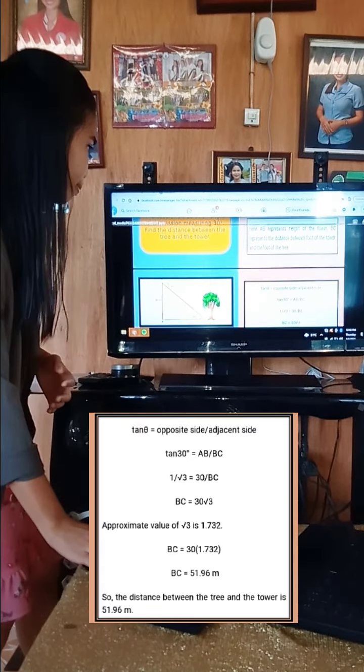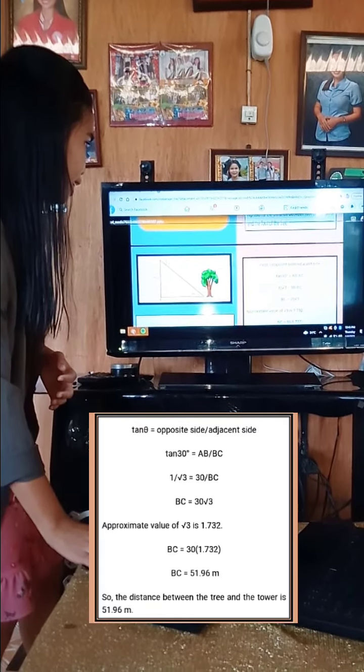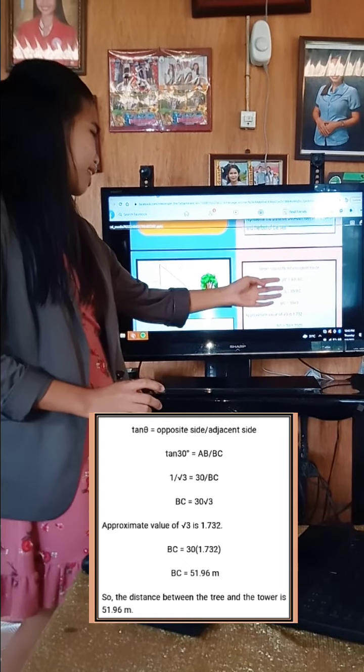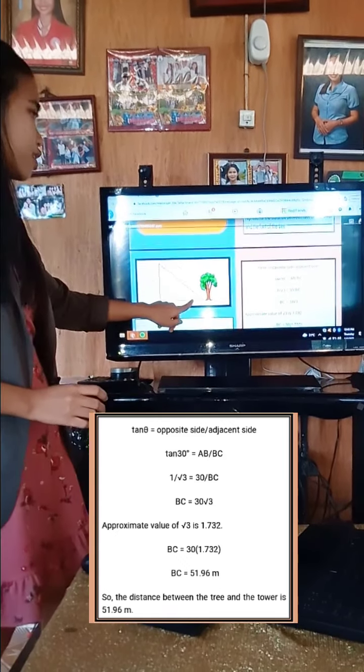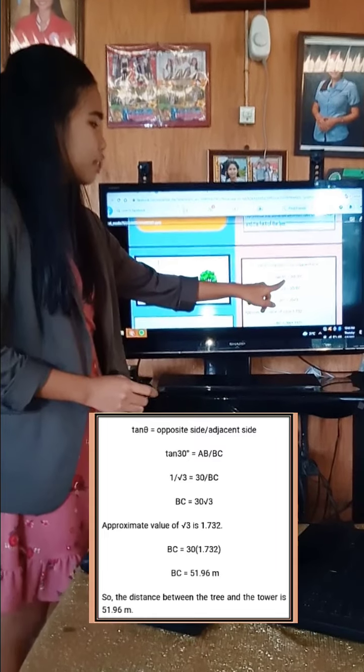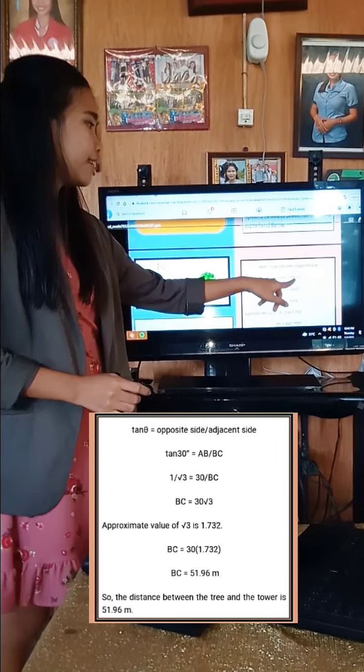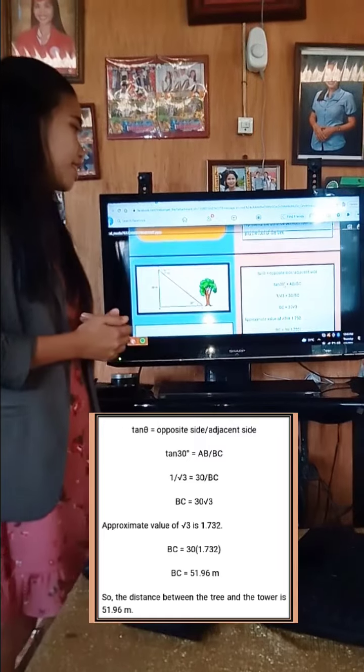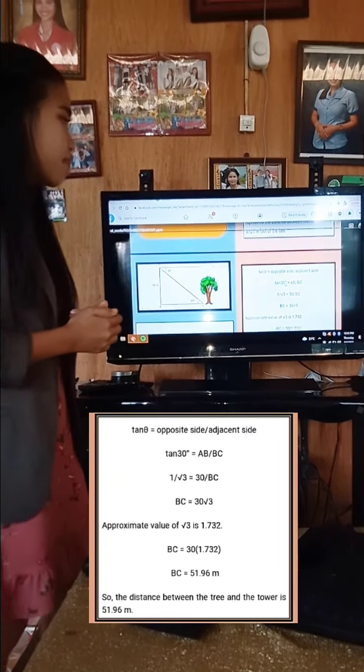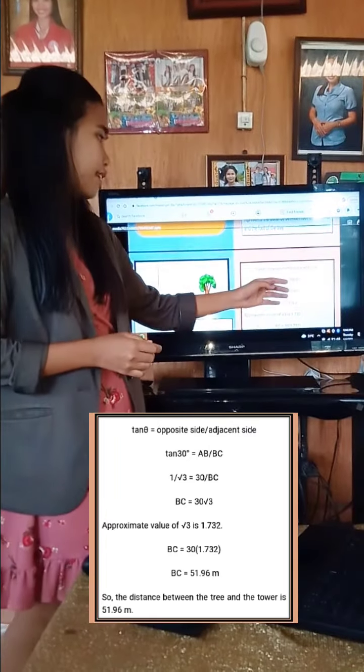The value of theta here is 30 degrees also. So tangent 30 degrees equals AB over BC.